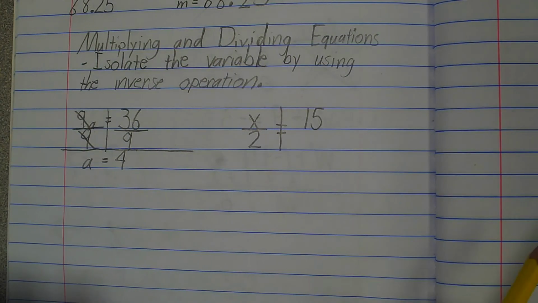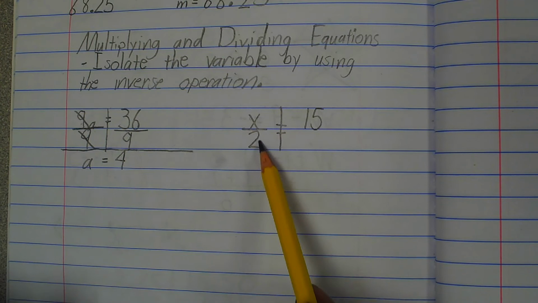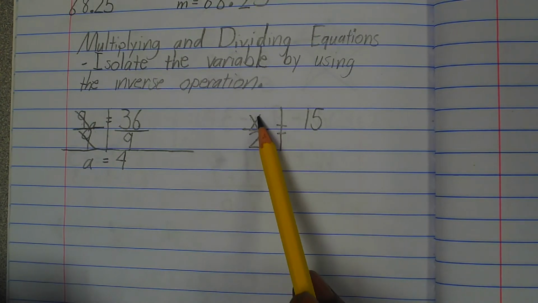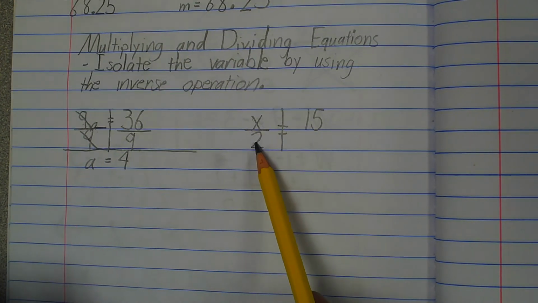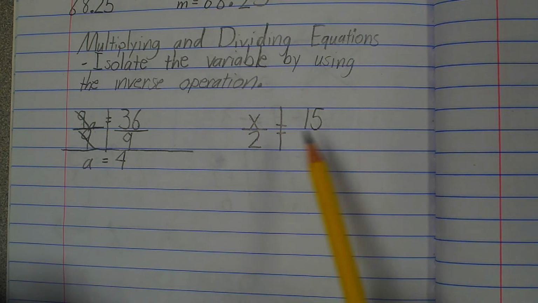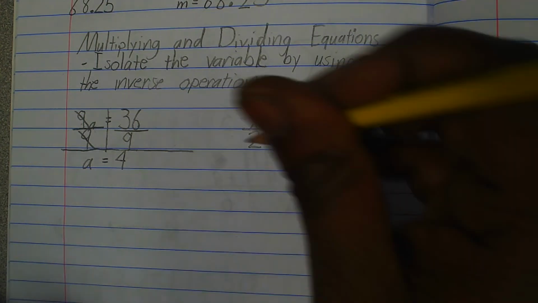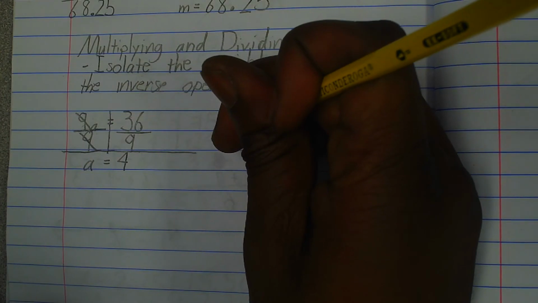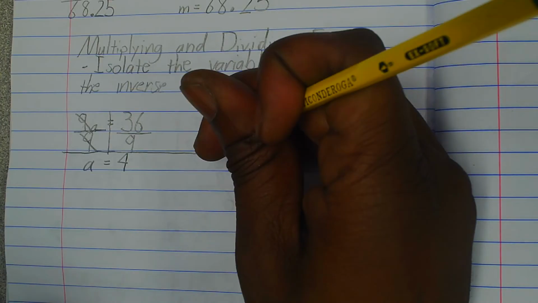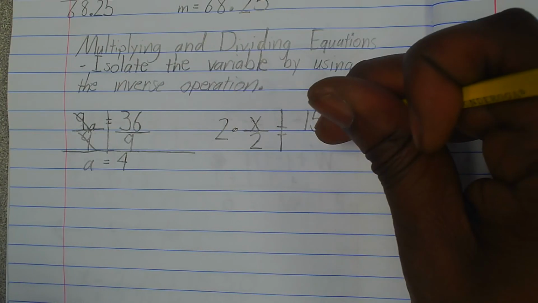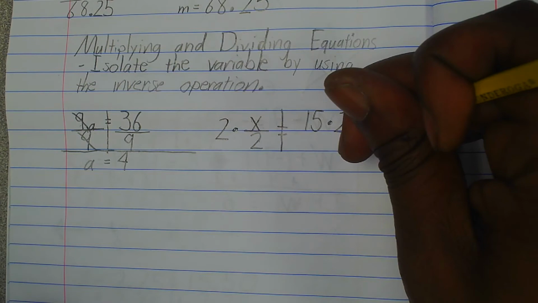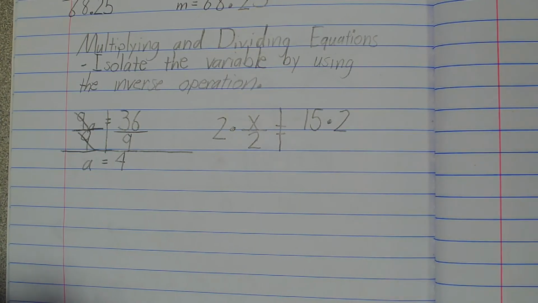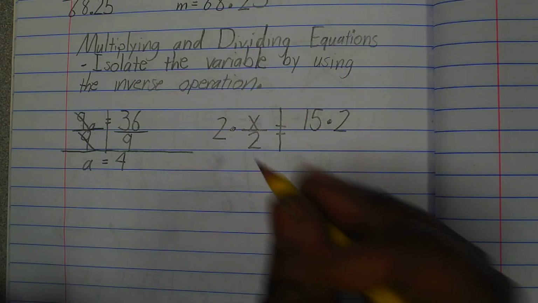We're going to isolate the variable by using the inverse operation here. The variable is being divided by 2, so that means on both sides we have to use the inverse operation of multiplication. So that's times 2 here, and that's times 2 here. Whatever we do to one side of the equation, we must do to the opposite side.